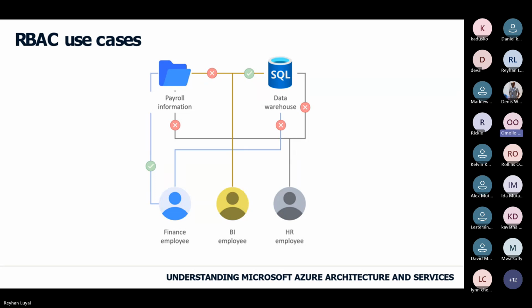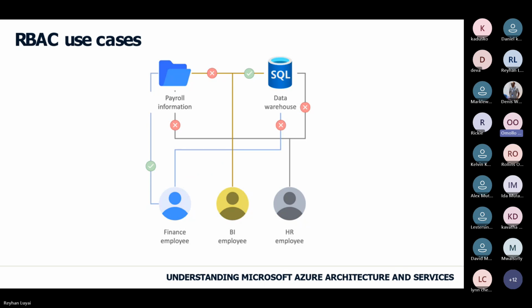The HR employee has no access to the SQL data warehouse. He has no access to payroll information. Payroll information is to do with finance. Therefore, that role is delegated to only the finance employee, and that particular employee is the only person who should have access to payroll information. HR, in this case, has no relevant resource that we can give him access to.